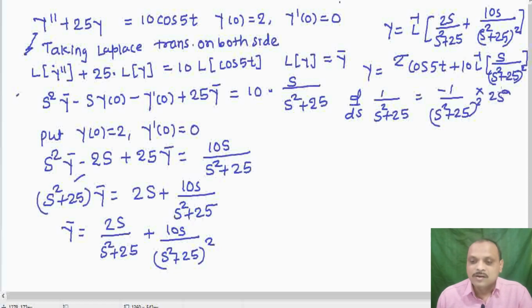Okay, so this is the derivative, and therefore we make a small adjustment.